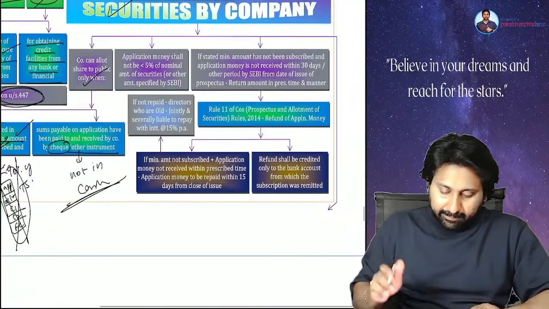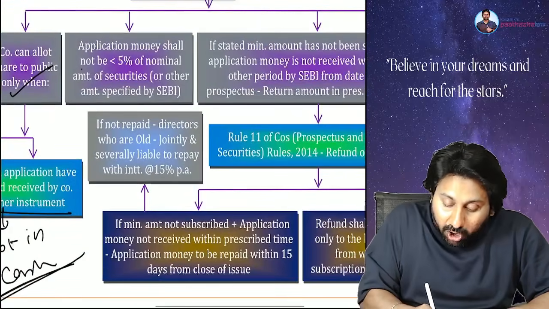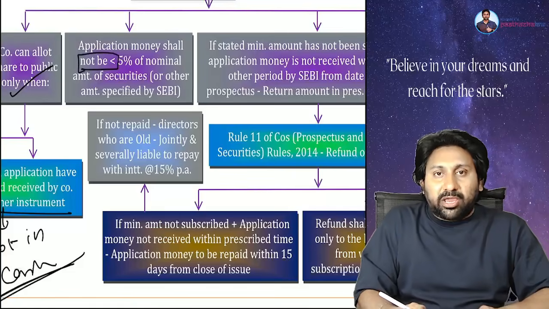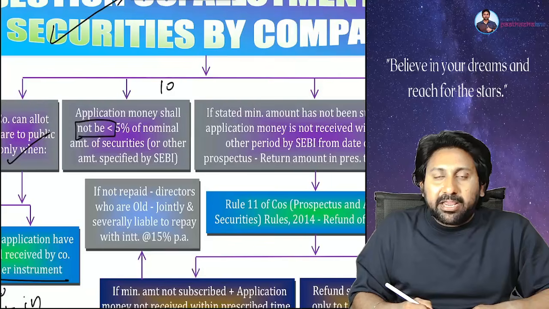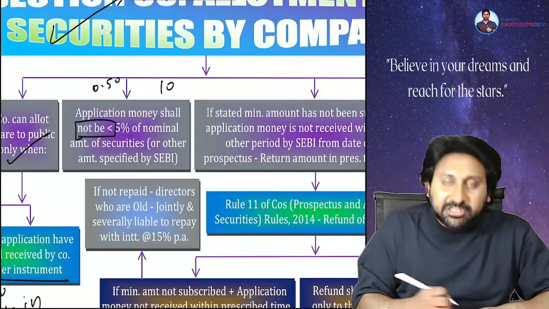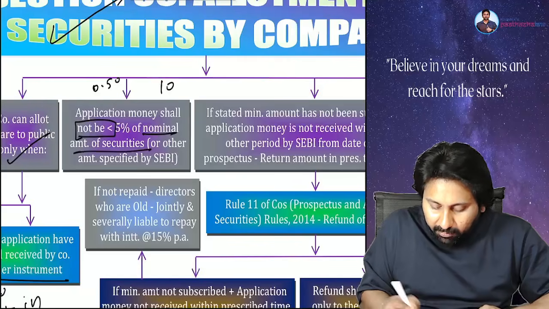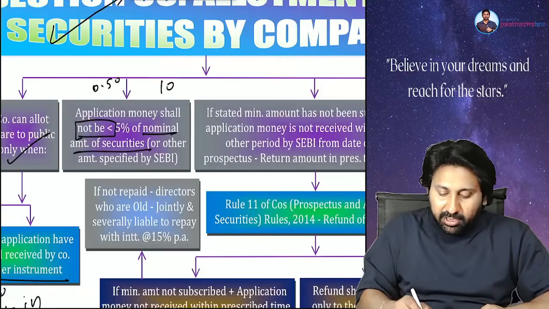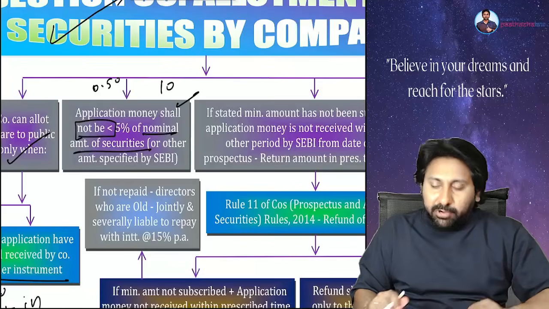Next, for example, the issue price is 10 rupees. Application money must be at least 50 paisa, 5% of the nominal amount of securities. So application money shall not be less than 5% of the nominal amount.